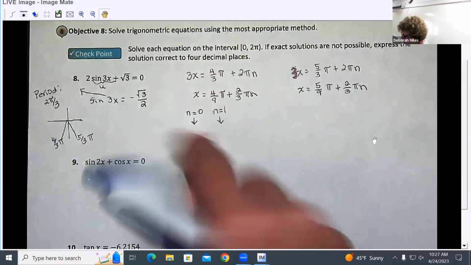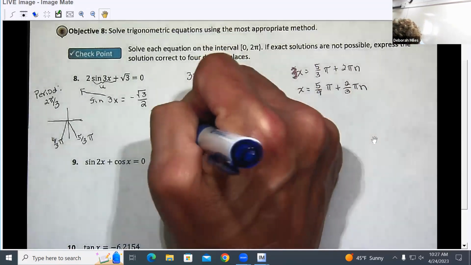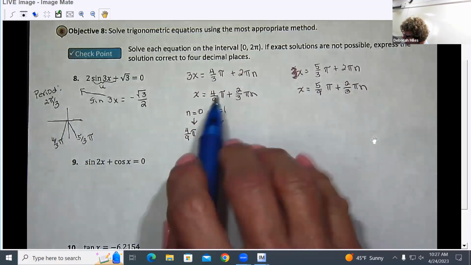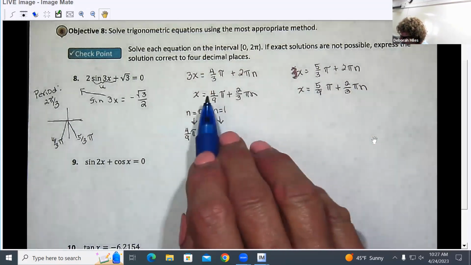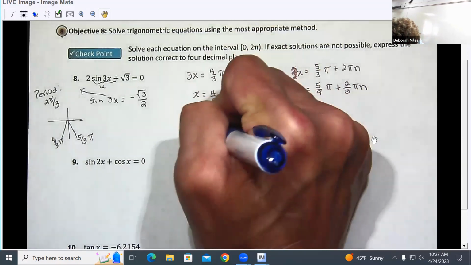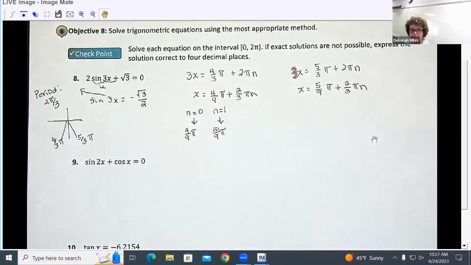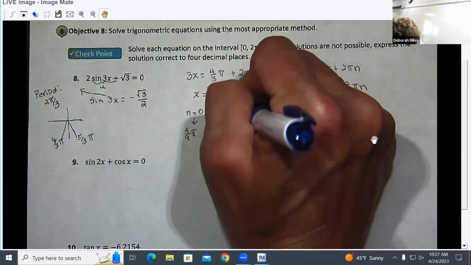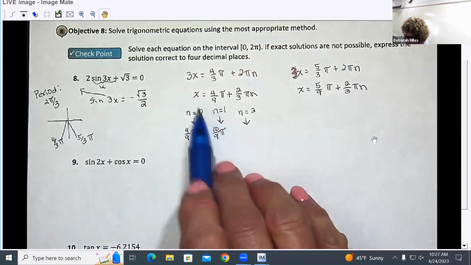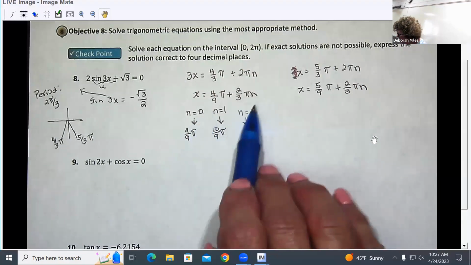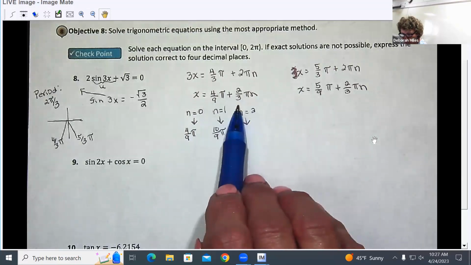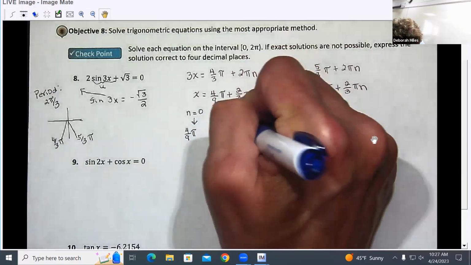If n is 0, then I'd have the solution 4/9 pi. If n is 1, I'd have 4/9 plus 6/9 is 10/9 pi. And if n is 2, then I would have 4/9 plus 4/3 or 12/9. 4/9 and 12/9 is 16/9.